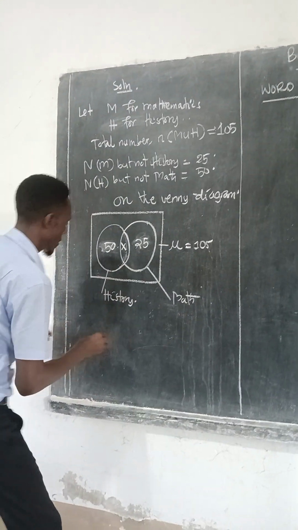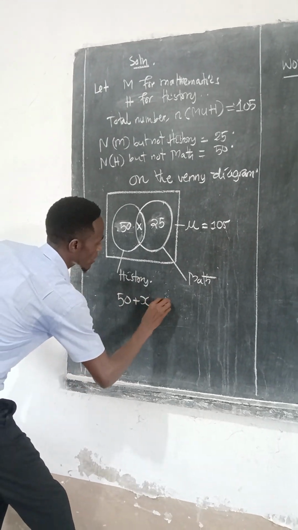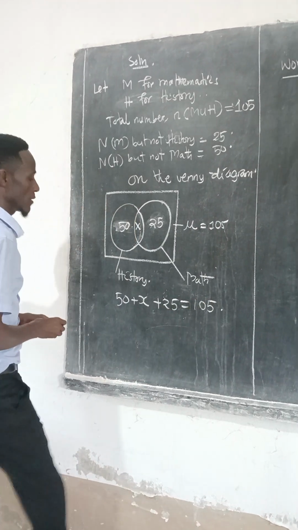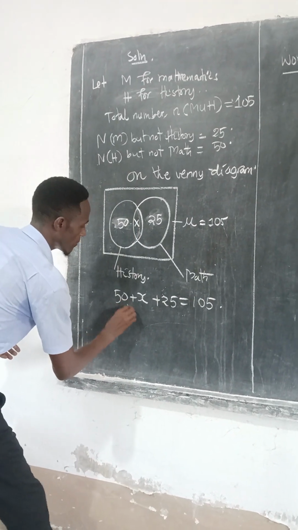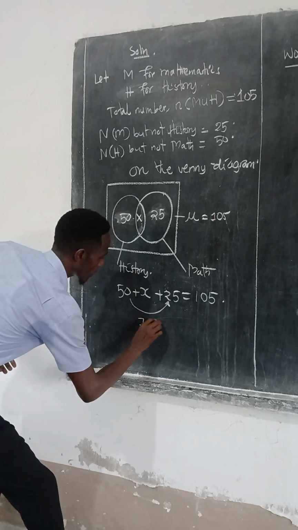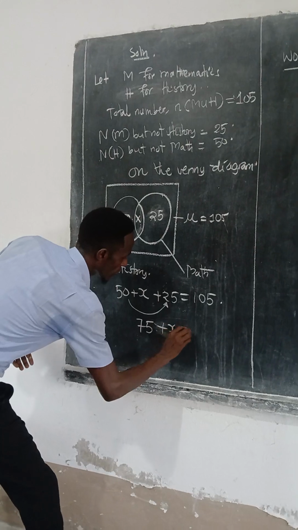So 50 plus x plus 25 is equal to 105 students. The sum of 50 and 25 gives 75, so 75 plus x is equal to 105.